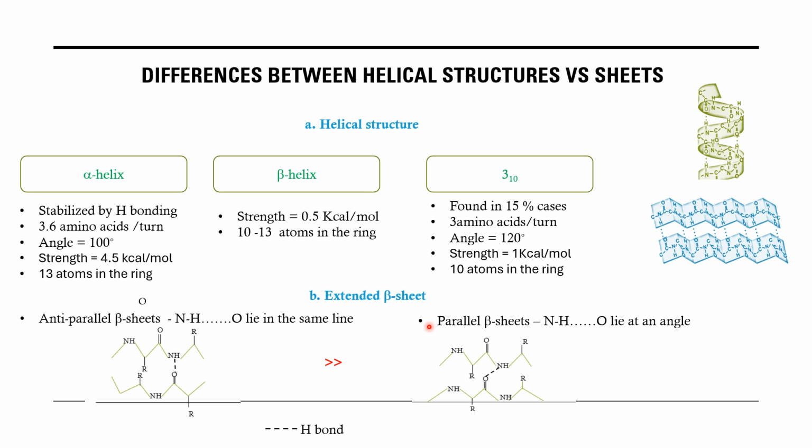Lysozyme has a very high temperature of denaturation. We also have beta lactoglobulin when we talk about food proteins, which contains about 51% of beta sheets, meaning it has a high denaturation temperature. An example of a protein which has a helical structure would probably be casein, found in milk.